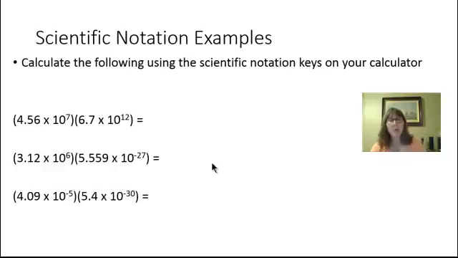What would be the product if you multiplied these two numbers in scientific notation, so 4.09 times 10 to the minus 5th times 5.4 times 10 to the negative 30th. So I would encourage you to go ahead and do that and round appropriately, and you can either write that number down and bring it to lab and show me, or stay tuned and answer it on the video.